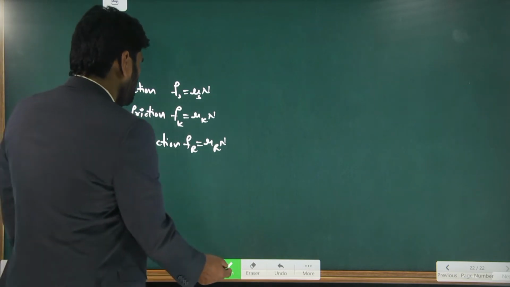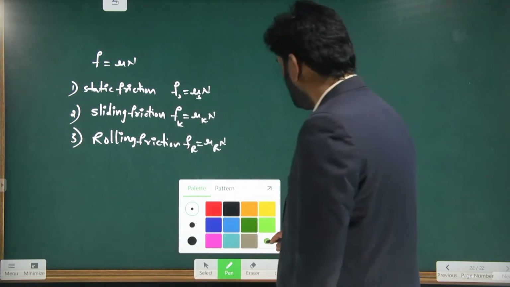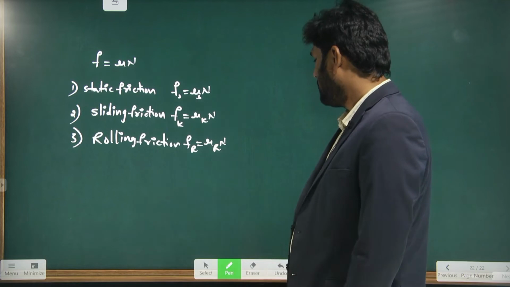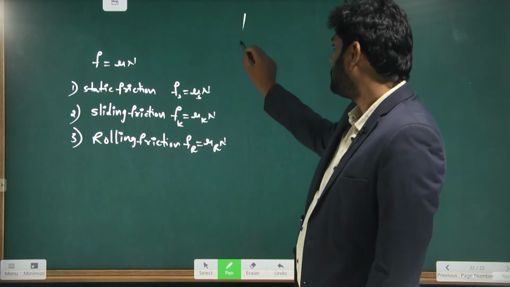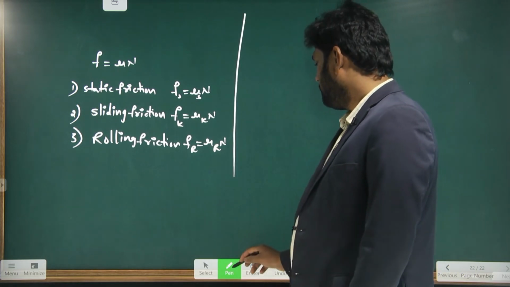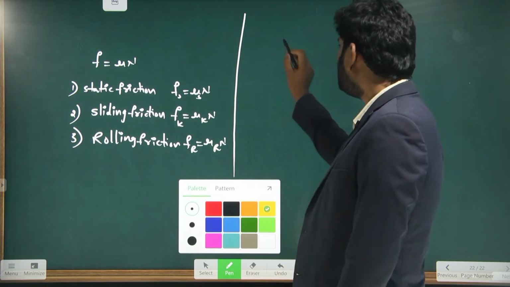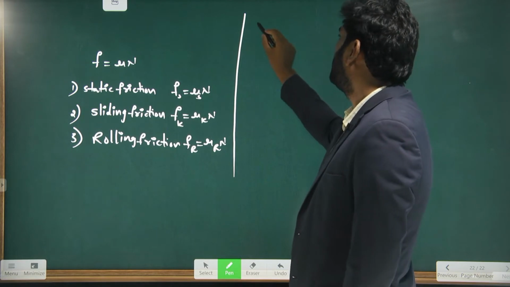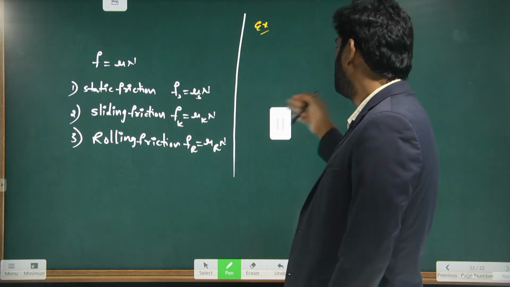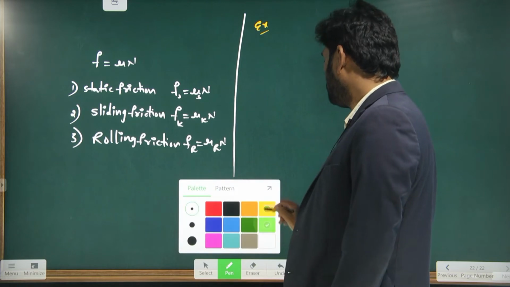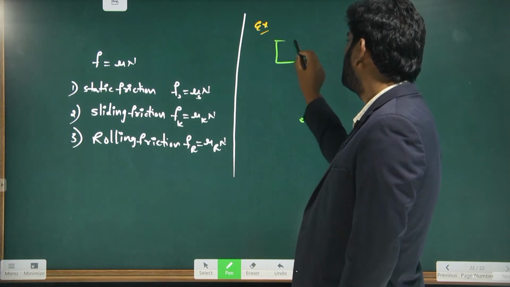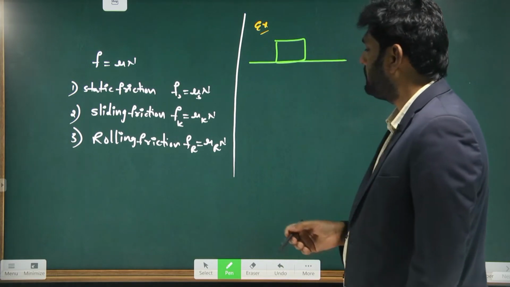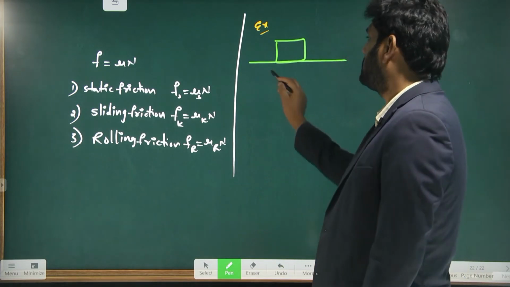Now let's do some problems based on these types of friction. Shall I give some questions here? Example 1: this is an object, and this object is placed on a rough surface.